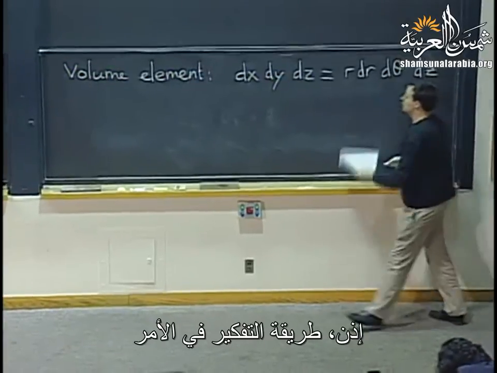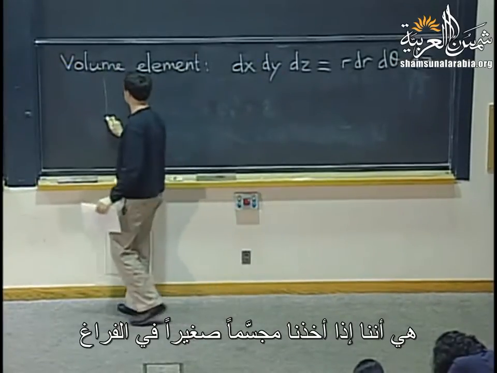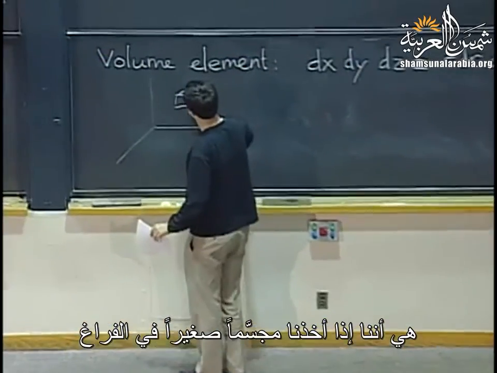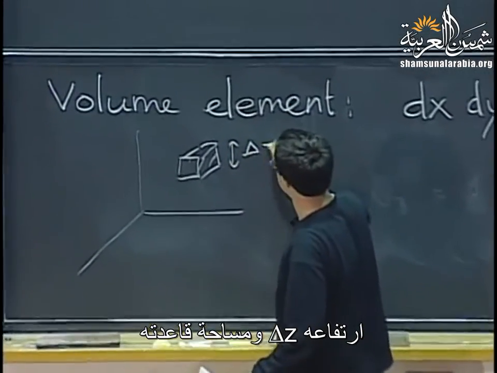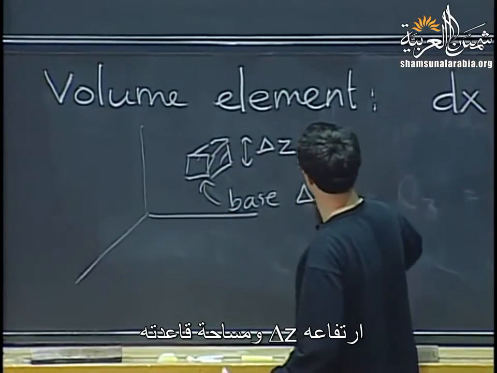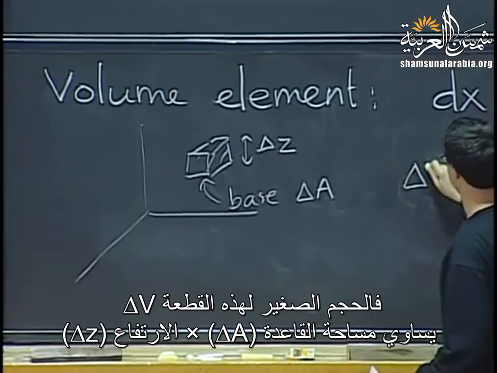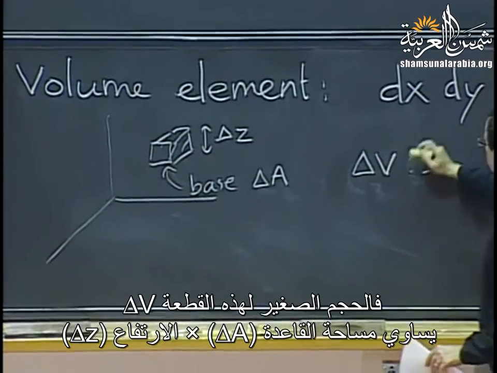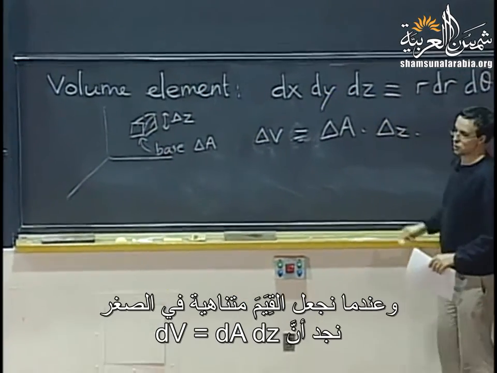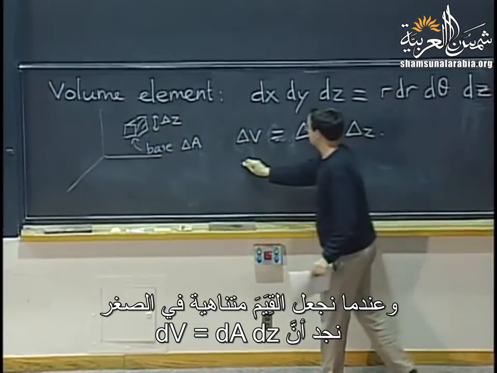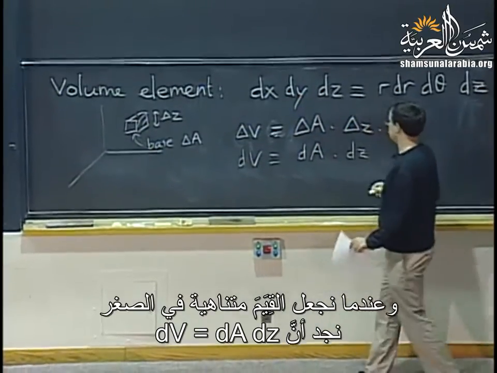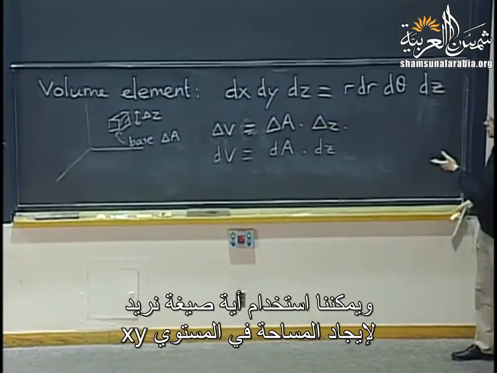The way to think about it is that if you take a little piece of solid in space, it has some height, delta z, and it has a base, which has some area, delta A, then the small volume, delta V, is equal to the area of the base times the height. When you make the things infinitely small, you get dV is dA times dz, and you can use whichever formula you want for area in the xy plane.